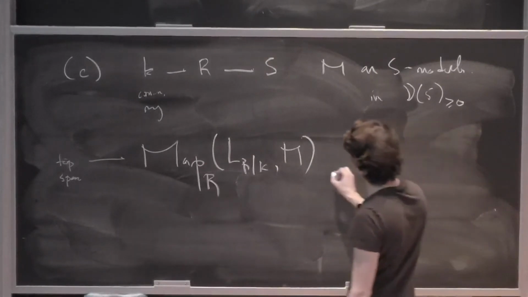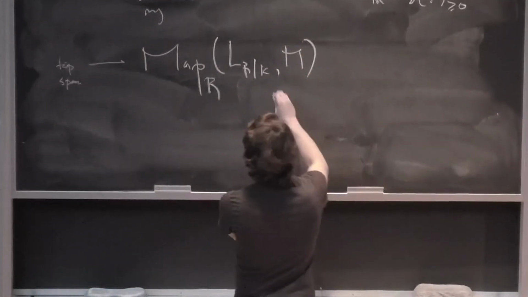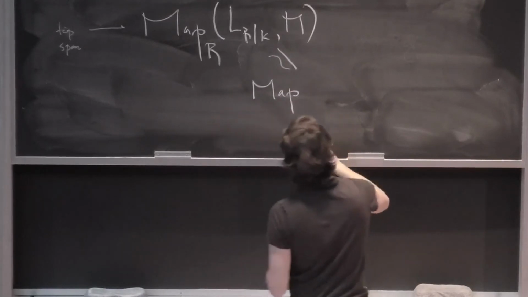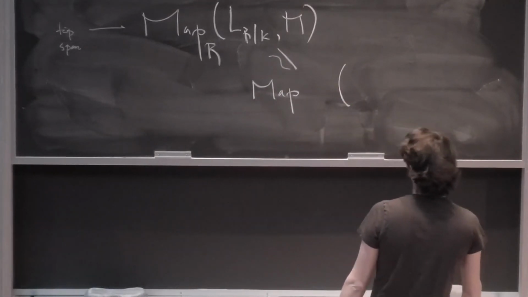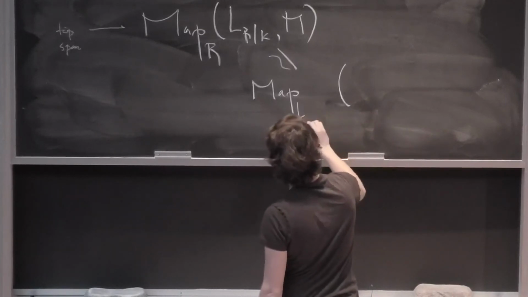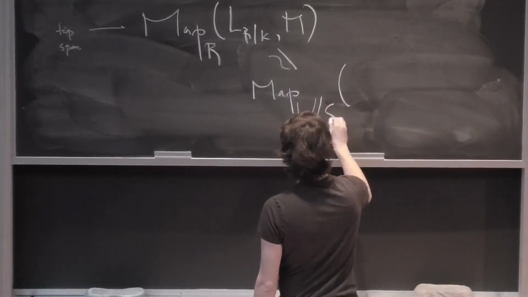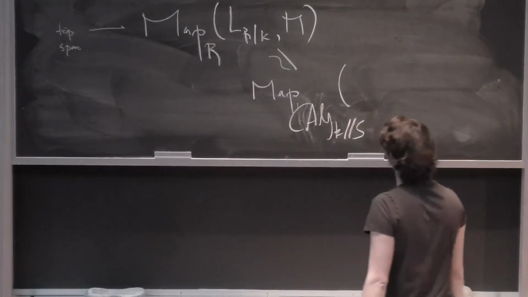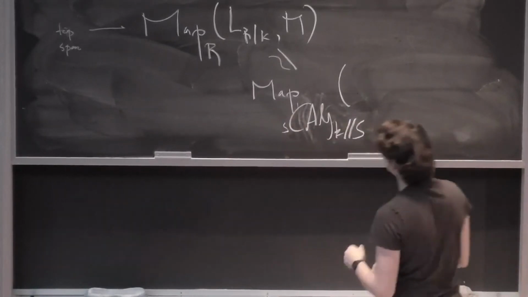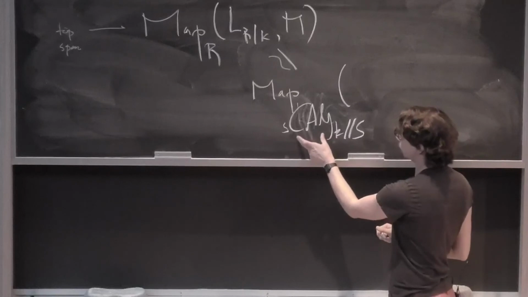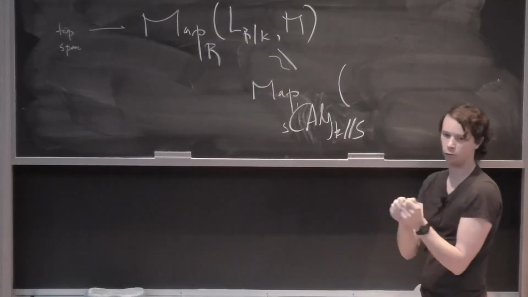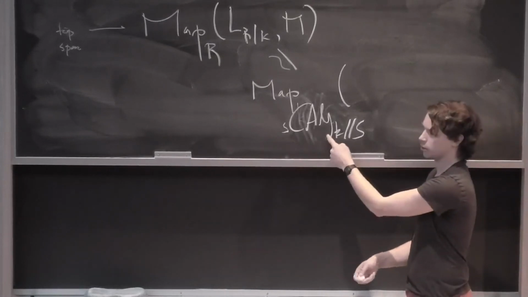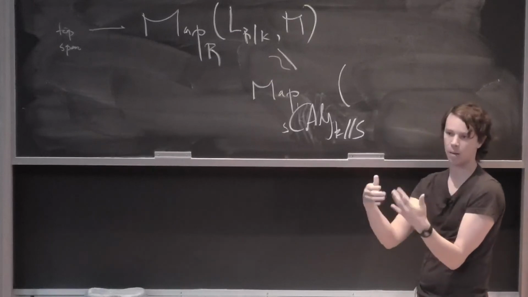And the universal property that this has is that this is naturally equivalent to maps in a different category. So let me write. I'm going to write it. Oops, sorry. So this is the category of simplicial commutative K algebras equipped with a fixed map to S. Okay? Simplicial commutative K algebras, a fixed map to S. So this is like a comma category.